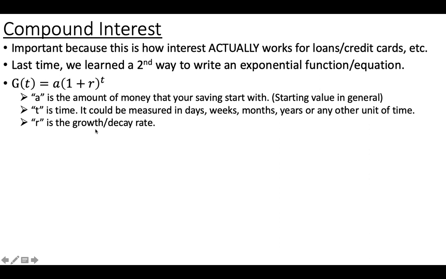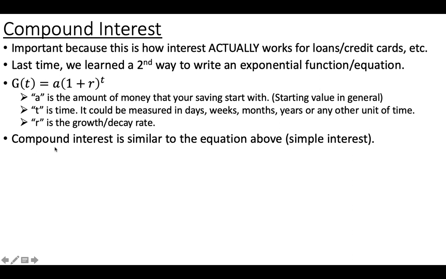And then R is the growth or decay rate. So R is your growth rate, T is time, and A is how much money you start with. And this will tell you how much money there is in 1 year or 2 years or 3 years or 4 years, whatever.